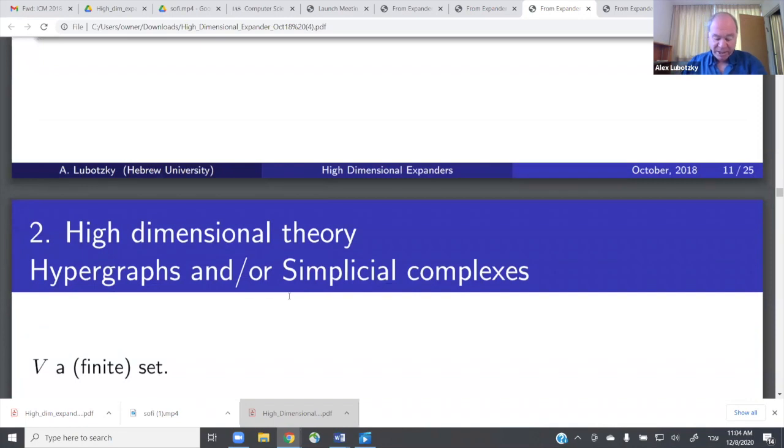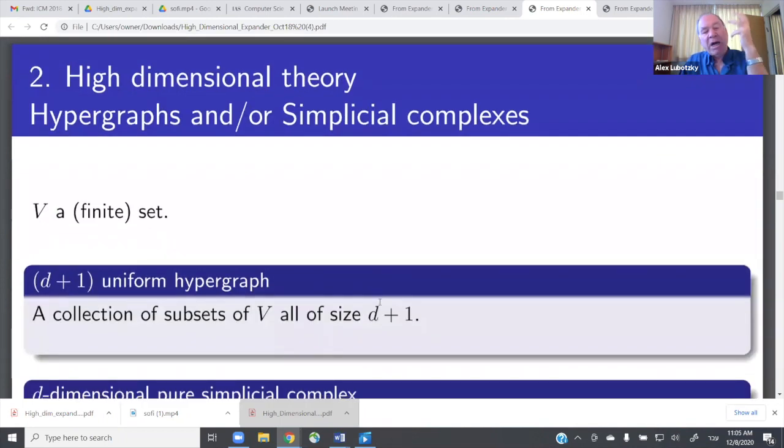But the time is running, so let me go to the higher dimensional story, which is the main story. All up to now was kind of motivation, but it was more than motivation. Some of it points us in the direction where to go when we go to high dimensional theory.